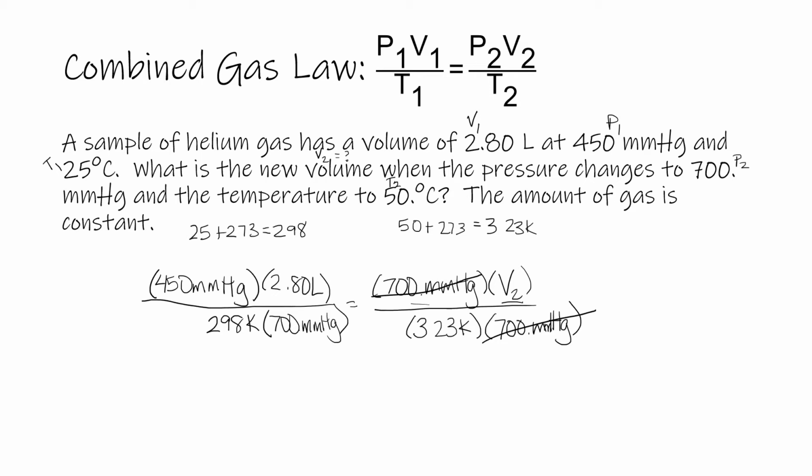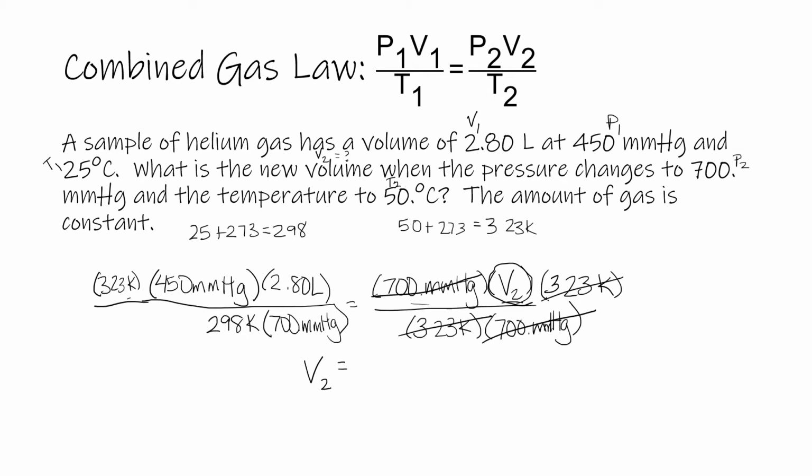To move the 323 Kelvin to the other side, we're going to multiply both sides by that. So that gets rid of that, and we are left with just our volume on this side. If that gets too confusing or too messy, you can always rewrite it. But now we can just plug all of this into our calculator.